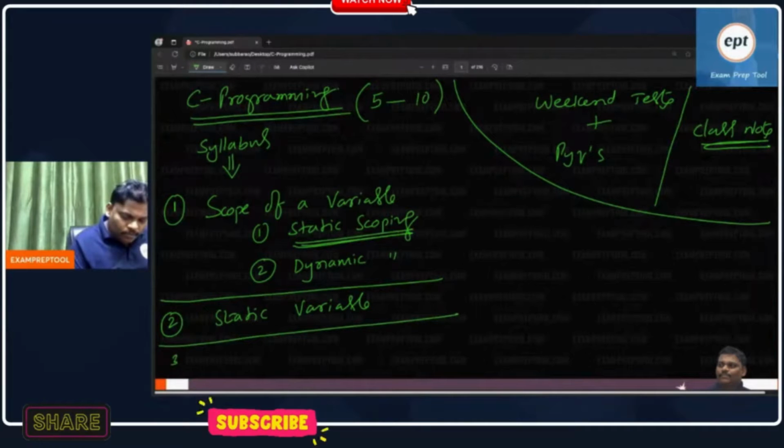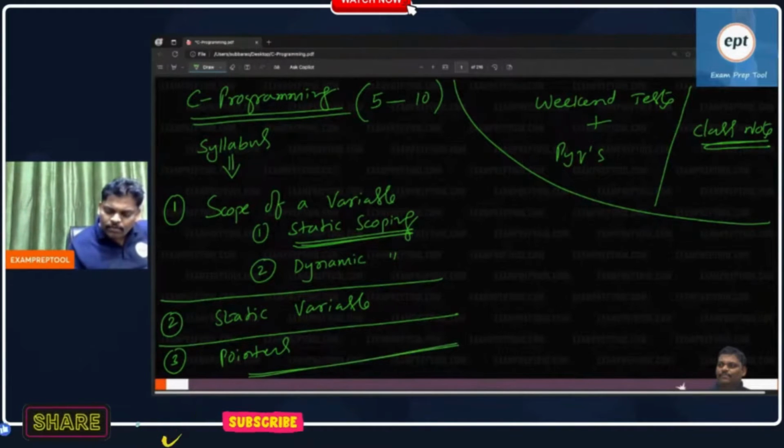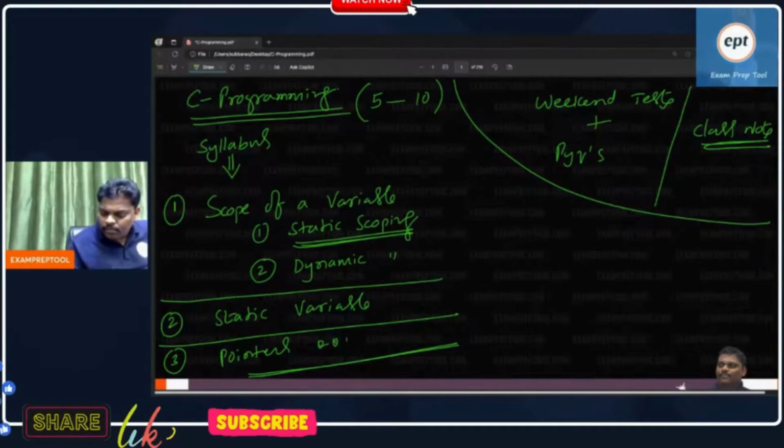Third one, pointers. This is the major one. In one of the examinations I have seen, 5 questions came, every one of 2 marks. Totally 10 marks came, directly copied from my notes.